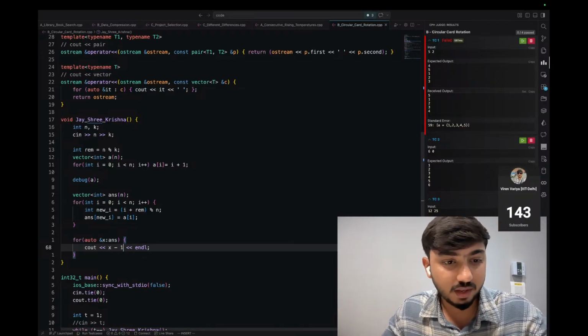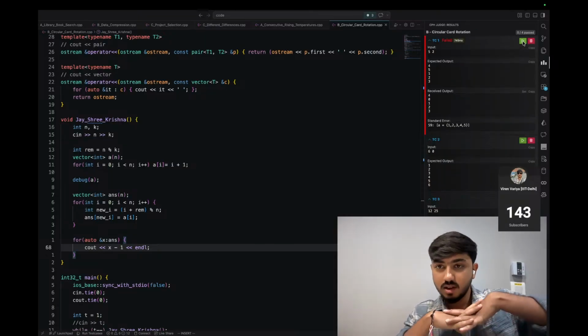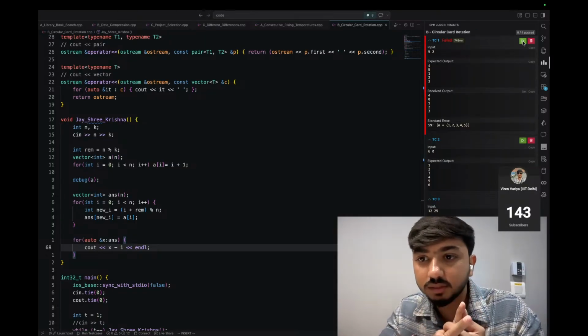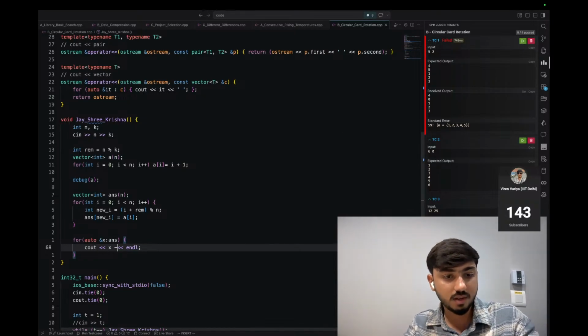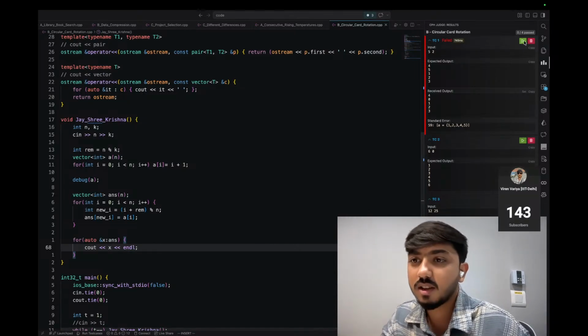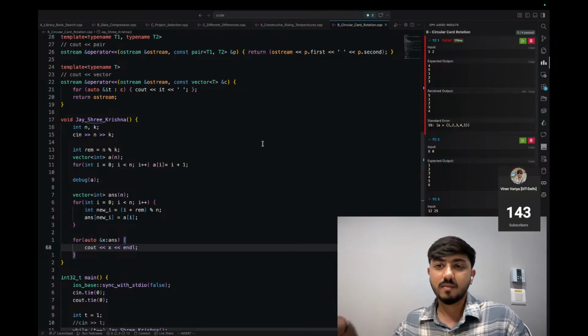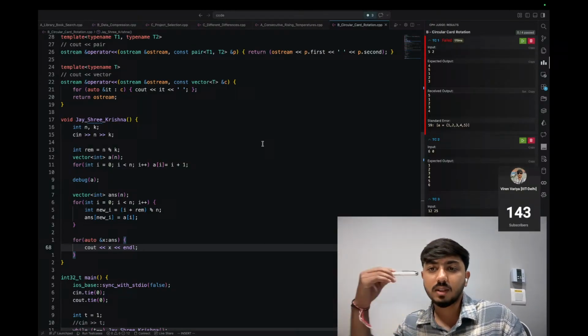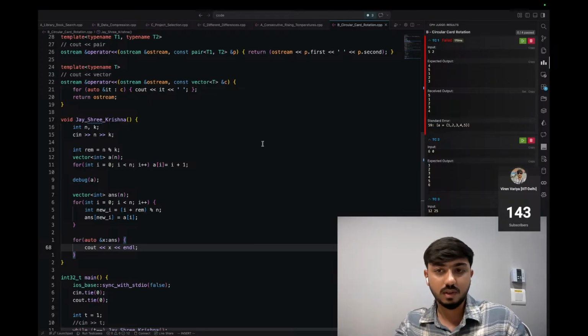So let me make it one-based. Then it messed up here. What I'm missing is, oh, we need to shift.